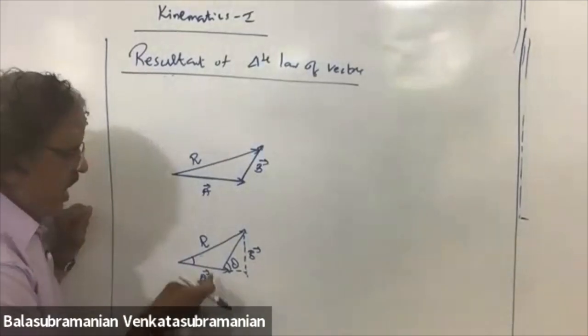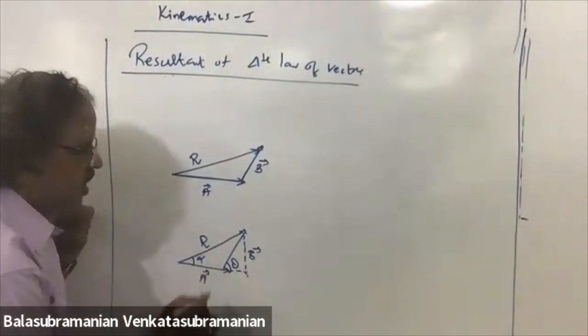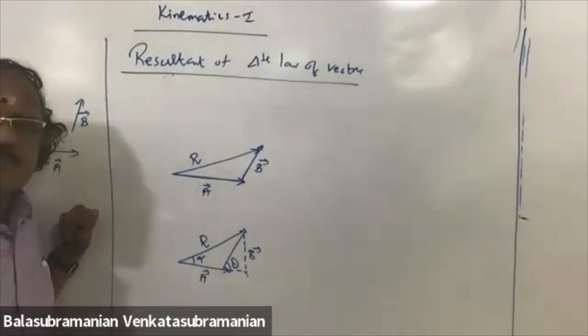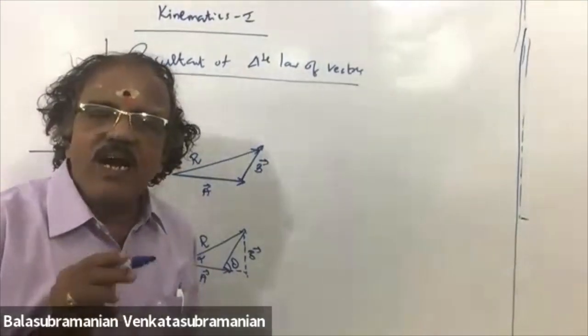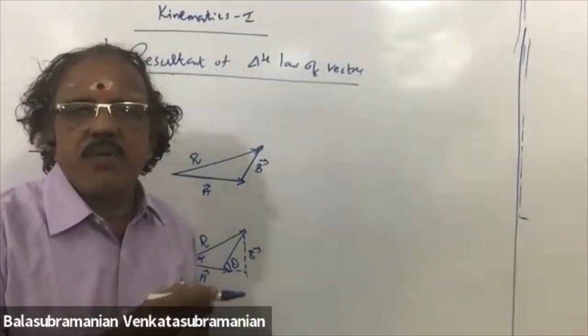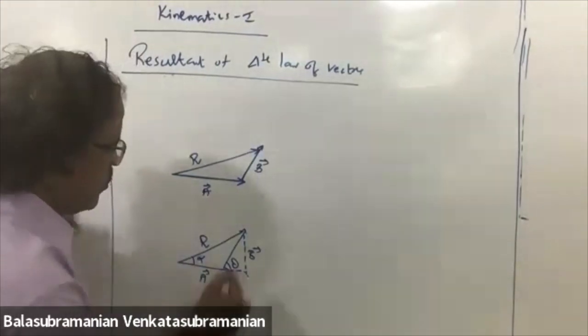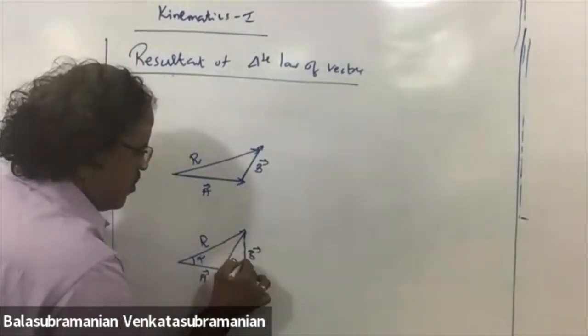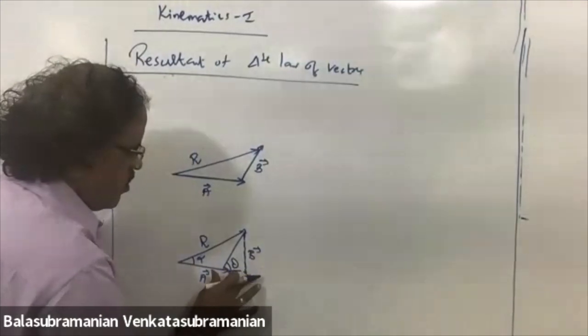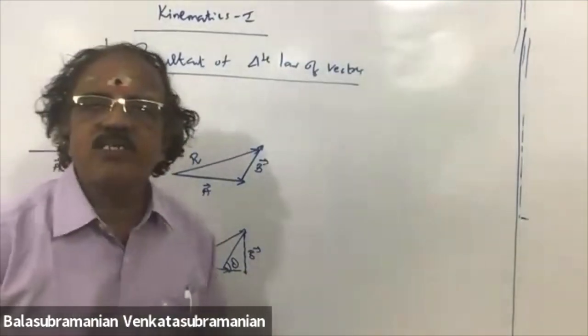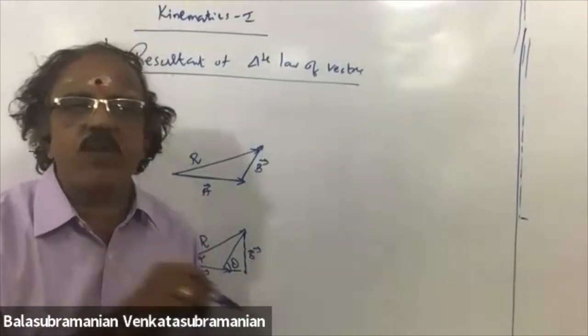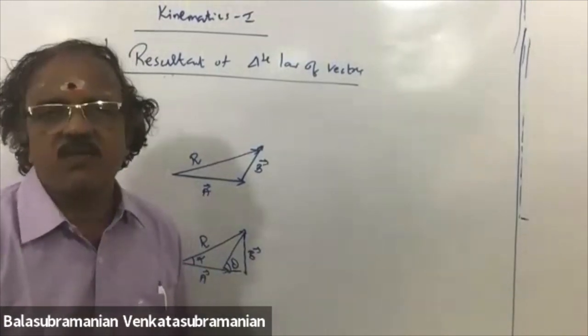The angle between A and the resultant you take as alpha. Theta is the angle between the two vectors A and B. Alpha is the angle between the resultant of the two vectors and the vector A.